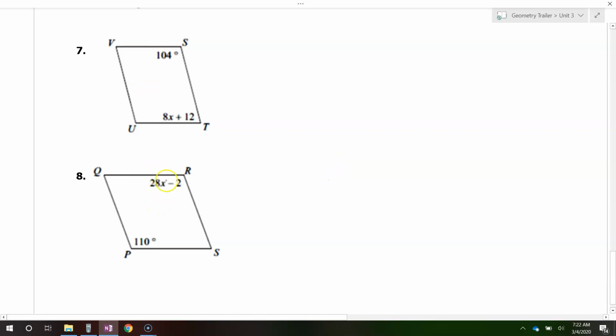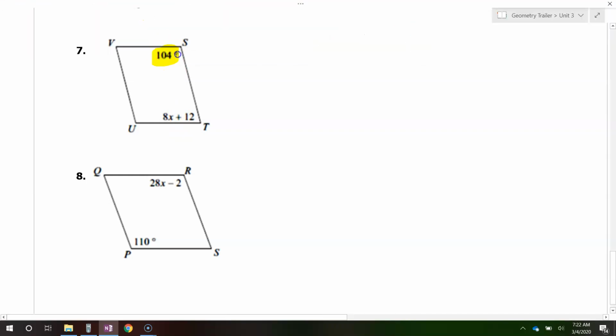Okay, so this takes us back to what we were doing in the previous video. Now we're back to angles. And what we've learned is opposite angles are congruent. So in problem number 8 that's coming, those will be congruent. But consecutive angles that are on the same side will be supplementary.